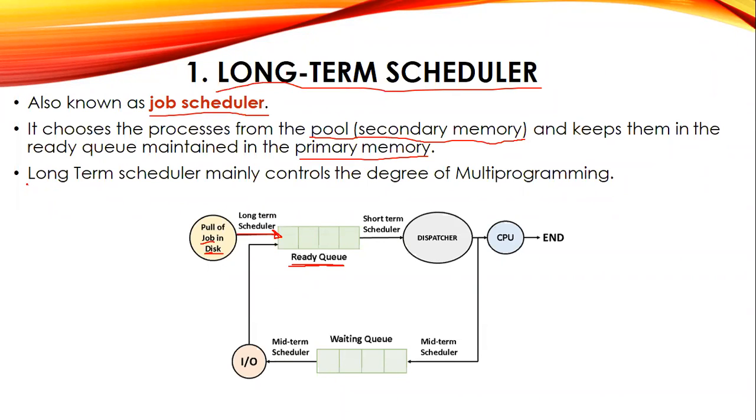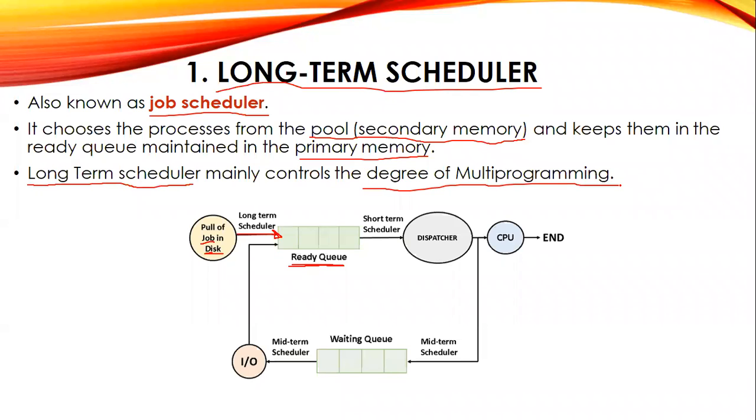And the long-term scheduler mainly controls the degree of multiprogramming. If you remember the first lecture, I explained about CPU-burst and input-output-burst processes. CPU burst means much time is spent in the CPU for execution.